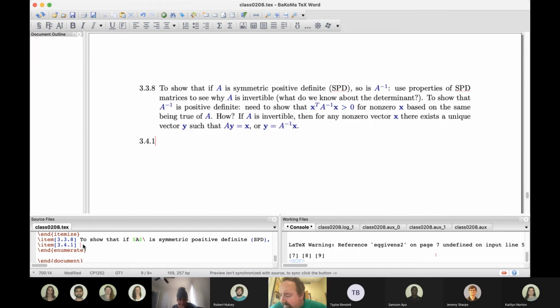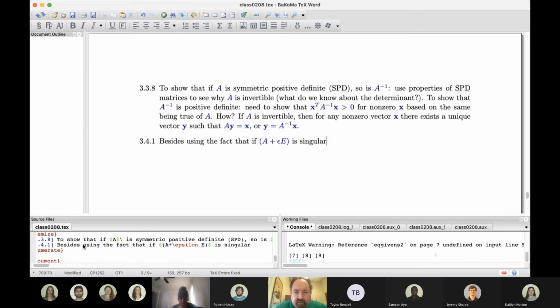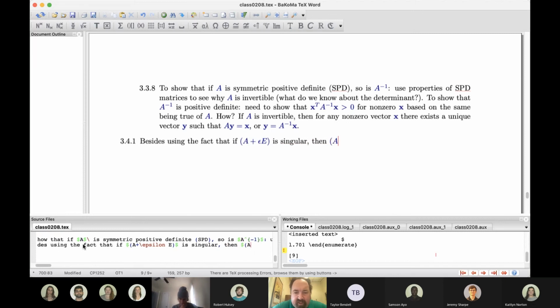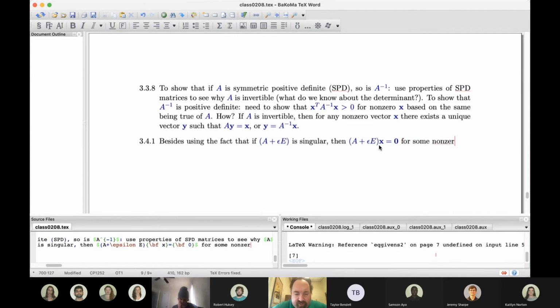This problem I have talked about before. Trying to prove by contradiction. The hint I gave before was that this matrix, if it's singular, then this system has a non-trivial solution.